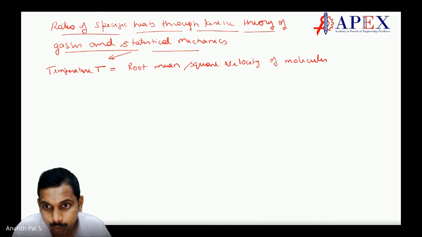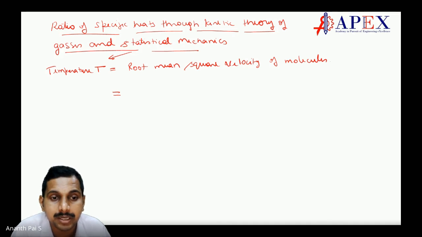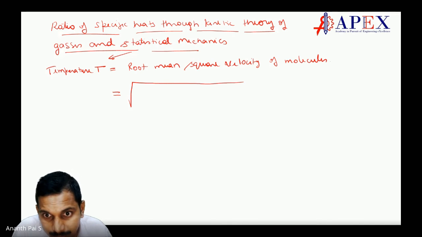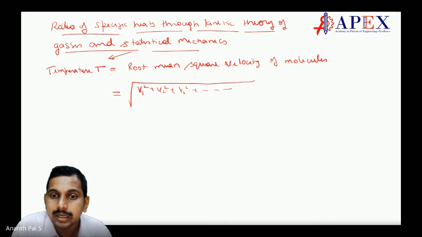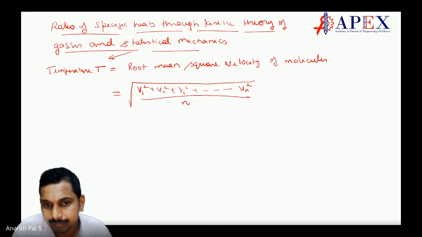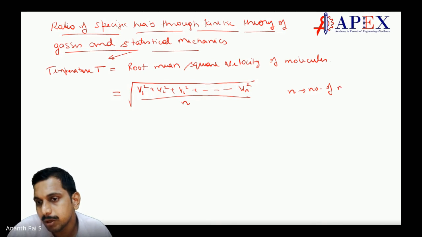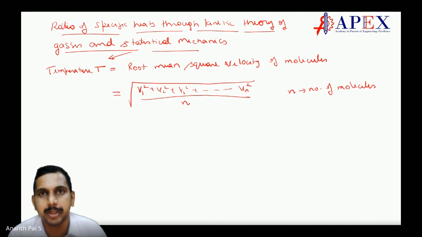Temperature T is the root mean square of the molecules. What does that mean? Square root of V1 square plus V2 square plus V3 square plus so on up to Vn square, divided by n, where n is the number of molecules. Correct? That is the temperature.